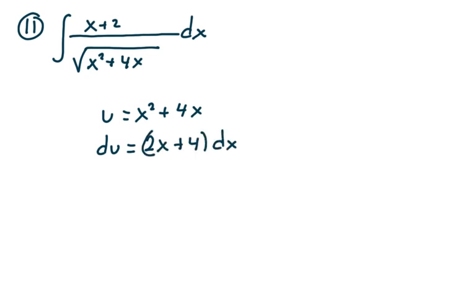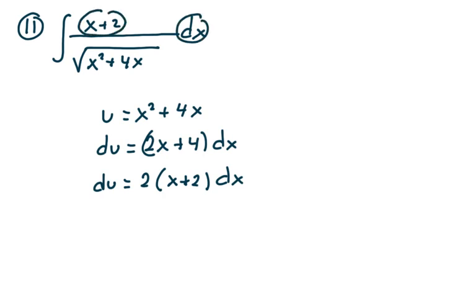dx. But can you see that I can factor out the 2? And when I do, I get du is 2 times x plus 2 dx. But notice I'm going to solve for x plus 2 dx. So x plus 2 dx is 1/2 du.